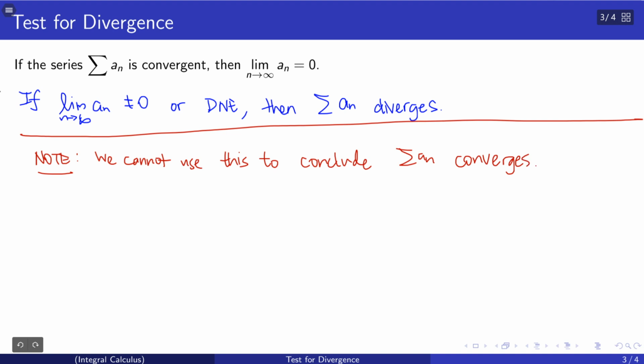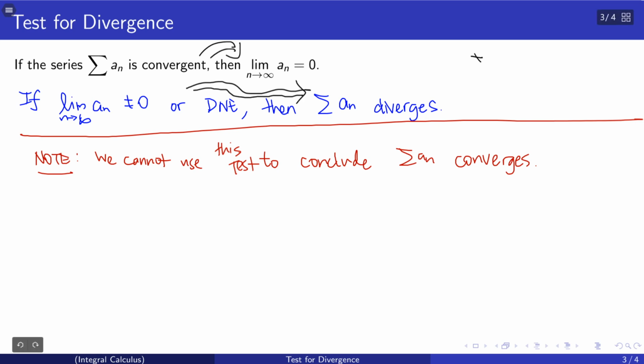Right? And by this, I mean this test. Just look at the logical implication here. If convergent, then we know something about the limit. It's equal to 0. If we know that the limit is not 0, then it diverges.